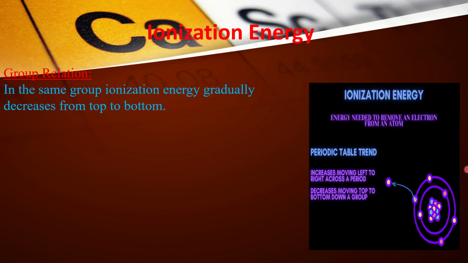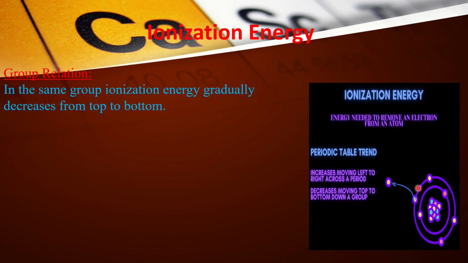Look here, ionization energy means to remove one electron from the outer shell, and you know the electrons are held here by the attraction of this nucleus. So to remove one electron, you have to apply energy. This energy is called ionization energy.